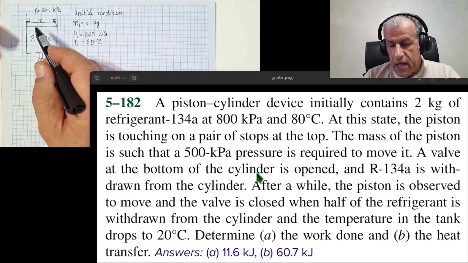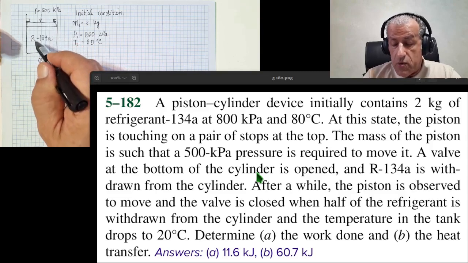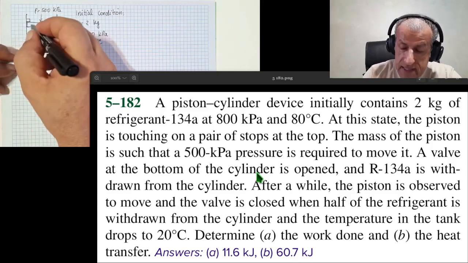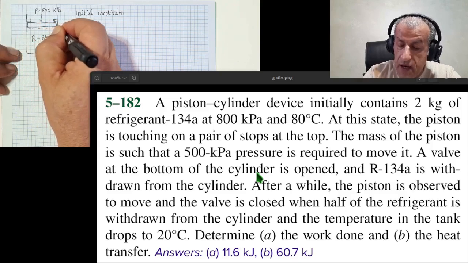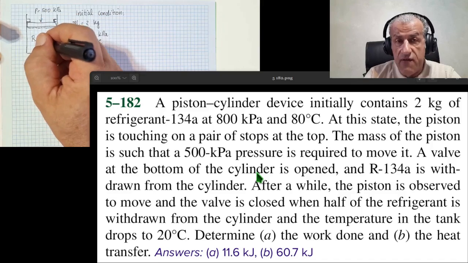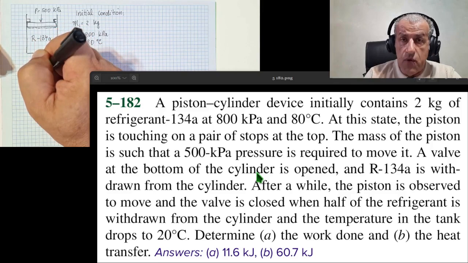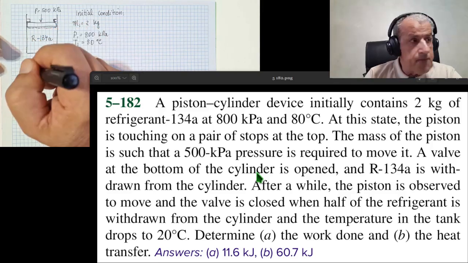And by that time, there would be an equilibrium pressure between the pressure inside R134A and outside. After a while, when the pressure inside is 500 kilopascal, and if we let more R134A out, then the piston would move down.